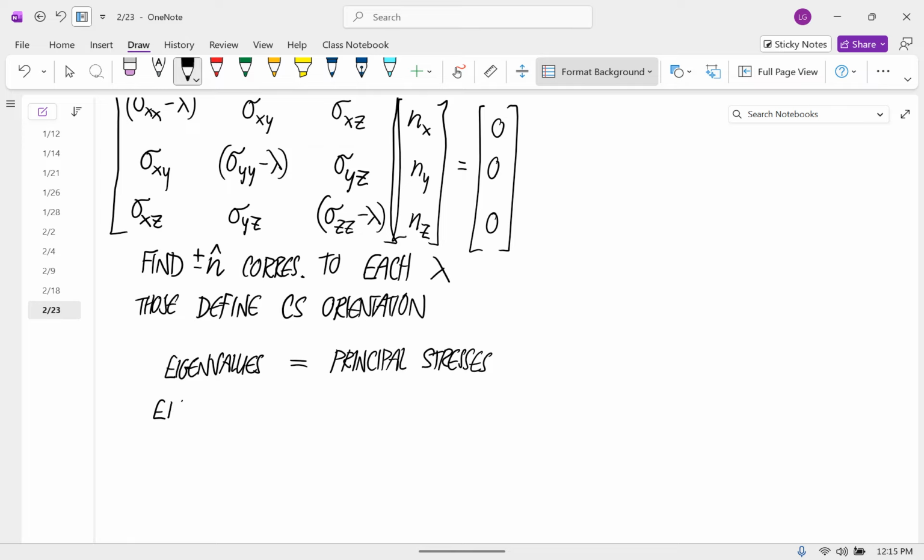The eigenvectors are the coordinate system axes of the principal coordinate system. And these are, of course, plus or minus. I keep trying to remind myself to say that. So if you're really trying to make a coordinate system out of these, you're going to have to adjust the positives and negatives so that it's an acceptable coordinate system.